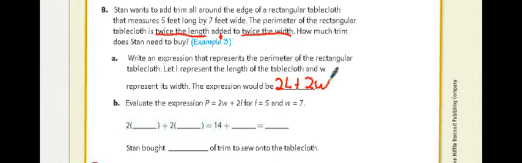So, evaluate the expression P equals 2W plus 2L for L equaling 5 and W equaling 7. So, 2 times 7 plus 2 times 5. 2 times 7 equals 14. 2 times 5 equals 10. So 14 plus 10 equals 24. Stan bought 24 feet of trim to sew on the tablecloth.